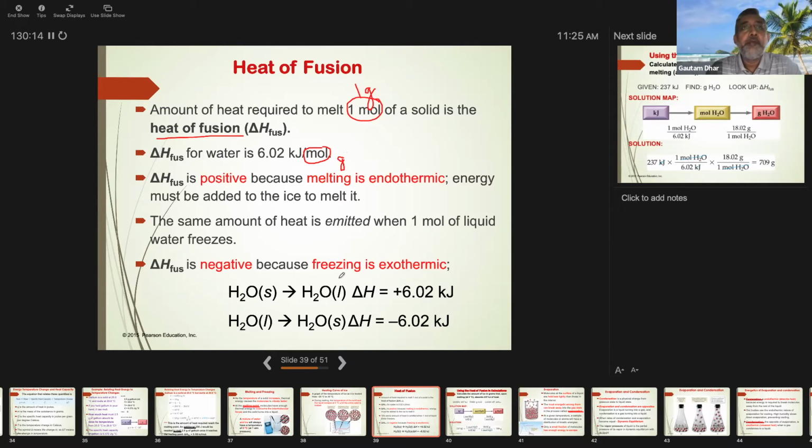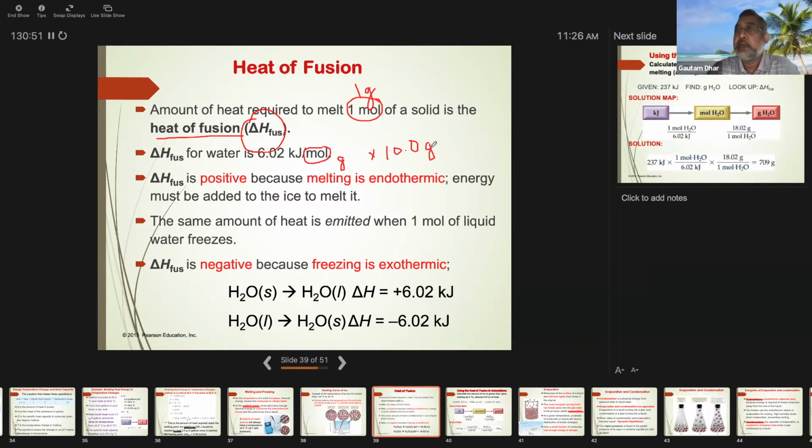So when it is melting, it is absorbing heat, and the reverse, when you are freezing, it will give the same amount of heat. It's basically equal and opposite sign, and it's called the ΔH fusion or heat of fusion. If you are doing it in grams, like 6.02 joules per gram, then if I get 10 grams of ice and I want to melt it, it will be 60.2 kilojoules.